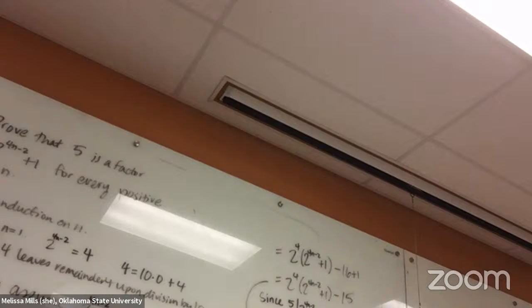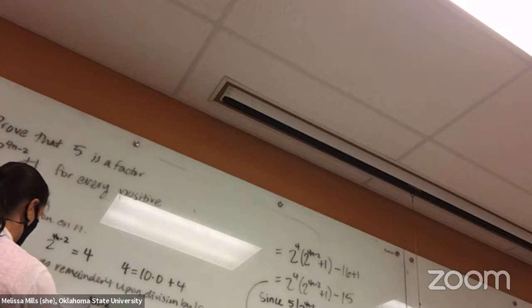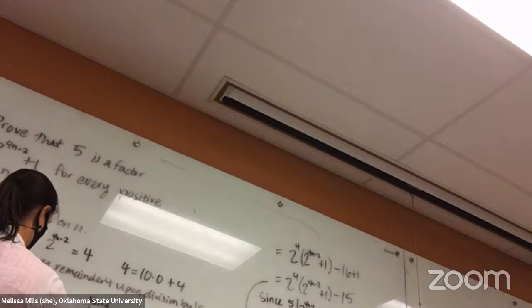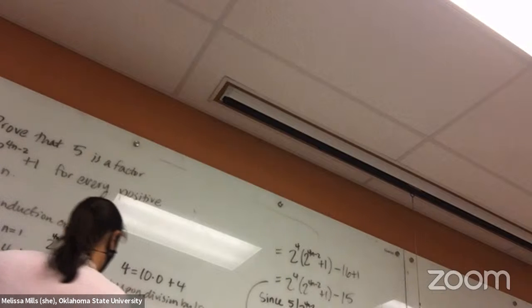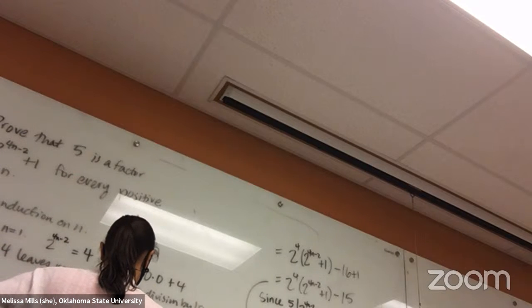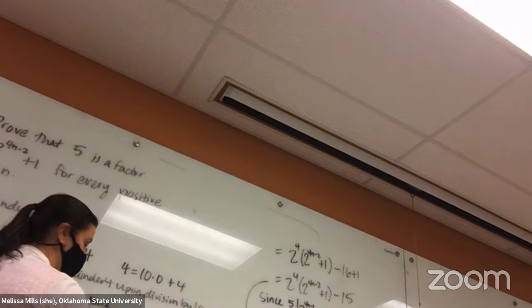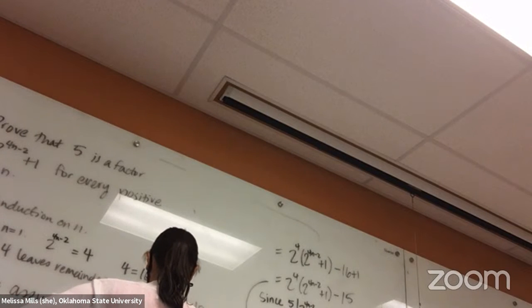Same thing, I get 2 to the 4n plus 4 minus 2. So I can pull out the 2 to the 4. All right, this may go somewhere. So I'll have 2 to the 4th, and then I can replace that with this, so I'll have 10q1 plus 4.